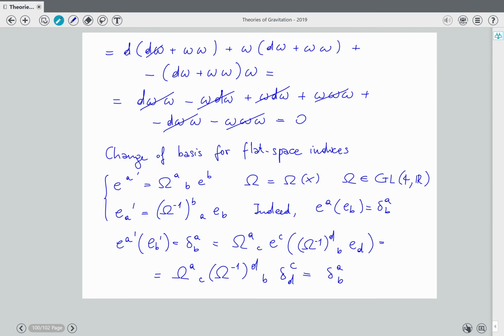They are dual to each other, so it's basically the same. The change of basis is completely generic, and we will later make it more specific, but at this moment it is totally general.